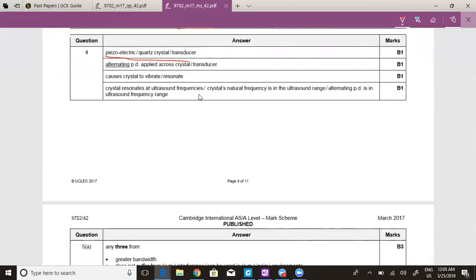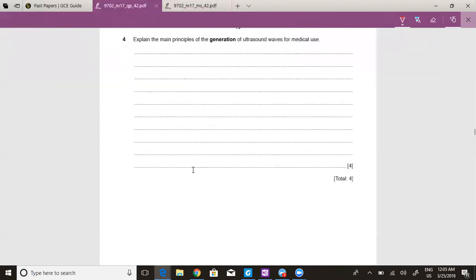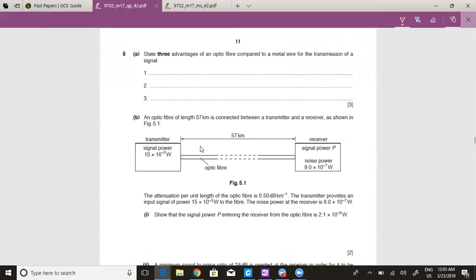So all these crystals vibrate and resonate, and their vibrations cause sound to be produced. So the crystals vibrate at ultrasound frequencies, and that's how ultrasounds are produced. This is mostly a memorize-type answer. You can memorize this from Sir Nishad.